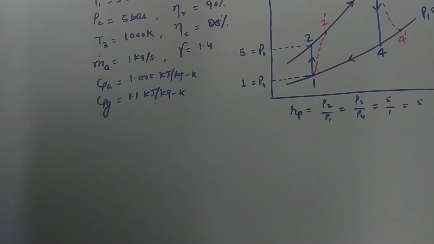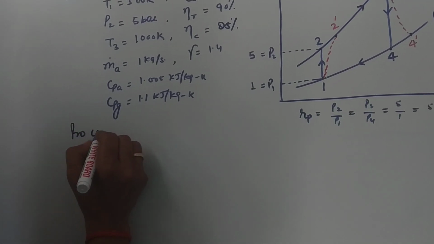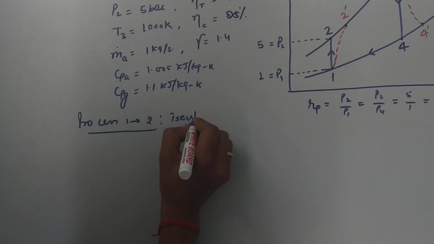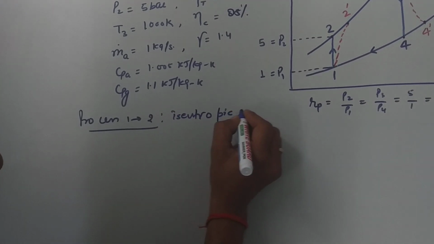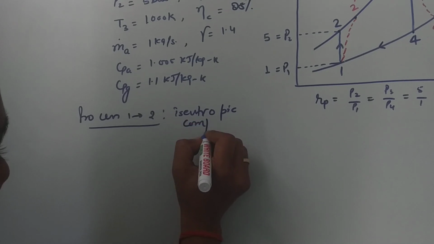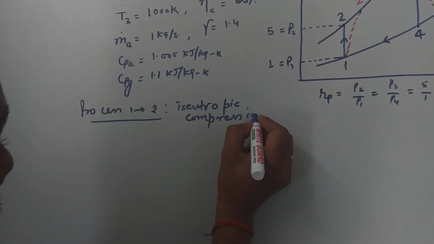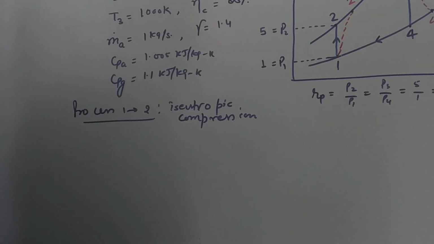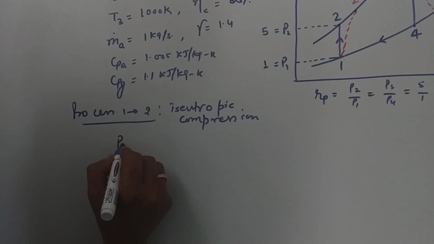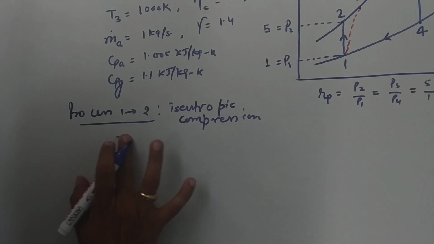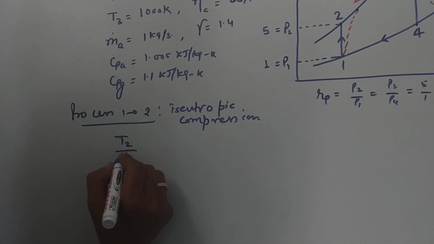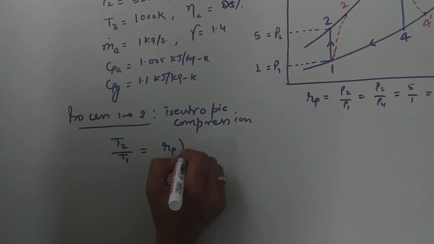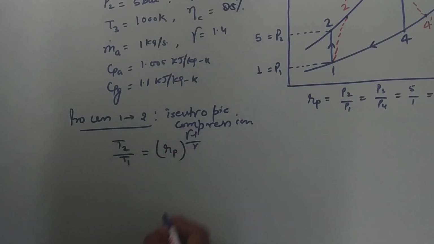To calculate the temperature at point 2 we use the isentropic compression process in the compressor. Process 1 to 2 is isentropic compression. Using the isentropic law, T2 by T1 is equal to Rp to the power gamma minus 1 over gamma.